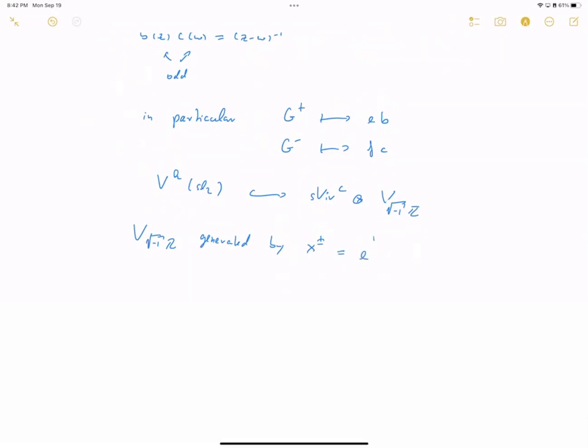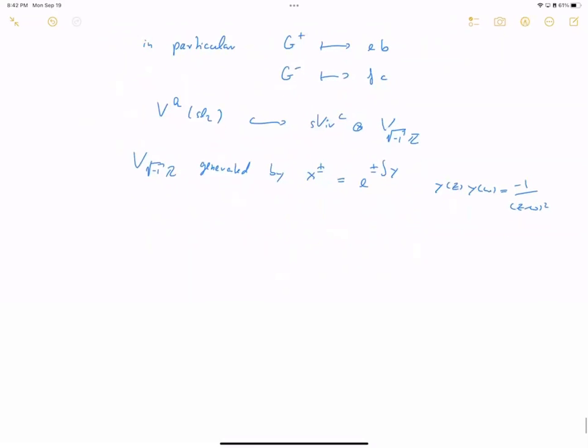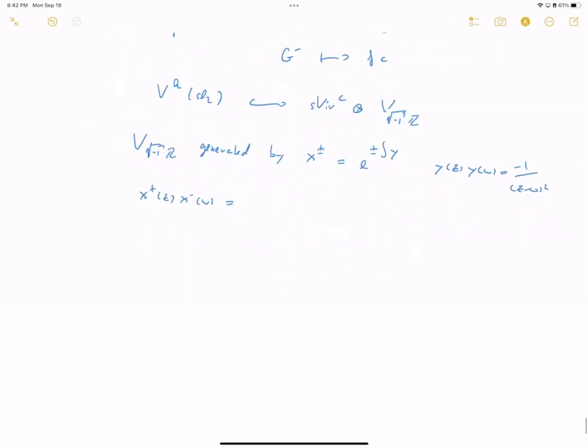They are the usual lattice VOA vertex operators corresponding to the Heisenberg field y, and y having norm -1.